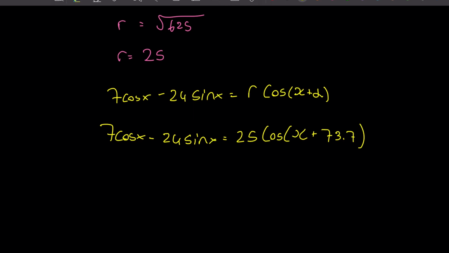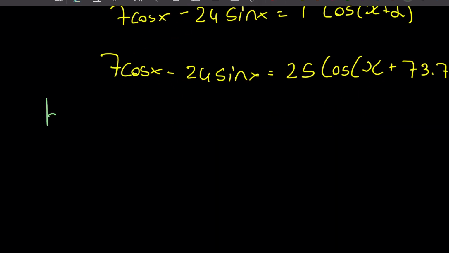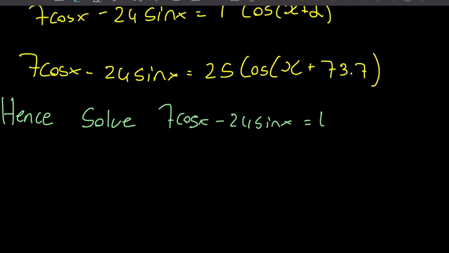Now, what if the question asks us with section B? So the question now says B, hence, solve the equation 7 cos x minus 24 sin x equals 4. So now this is a little bit different. They're not just asking us to put it in that form, they're asking us to solve it.